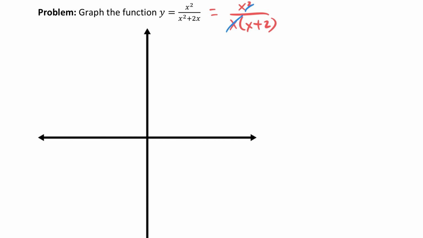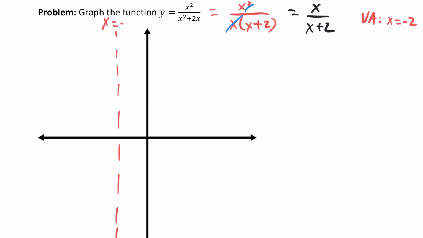We'll cancel out one of the x's, and that will give us x over x plus 2. Okay, so this means that we have a vertical asymptote at x equals -2. So we can put that on our graph, x equals -2.